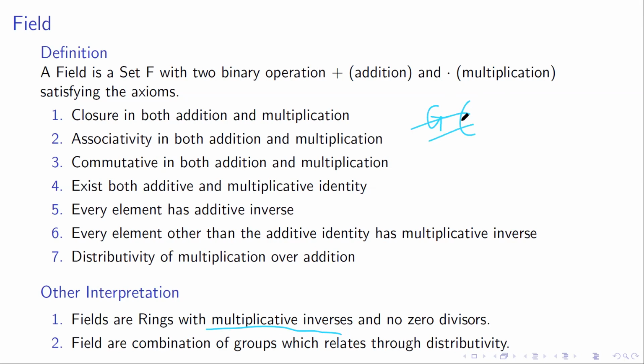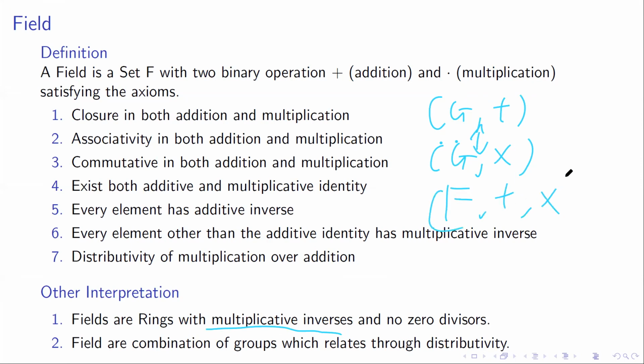If I have a group G that forms a group under addition, and we also have another group formed under multiplication, and I combine these groups together, then we get a field. So a field basically has everything in it: multiplicative identity, additive inverse, multiplicative inverse. If you have everything, then you are a field.